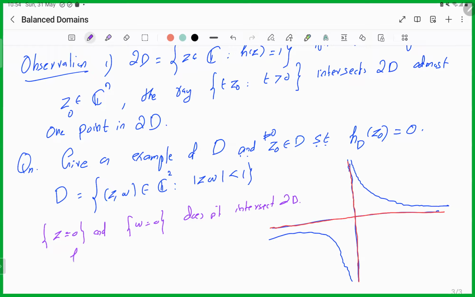So h_D of (0, W) is 0 for any W, or similarly h_D of (Z0, 0) equals 0, because it does not intersect it. You can take any scaling of this point, and it does not intersect the boundary.